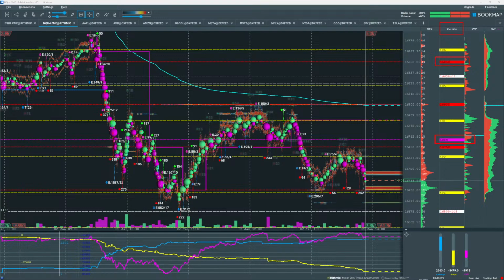So I've got levels from several different sources in one set of cloud notes. So here's that QQQ 406 acting as resistance, 402, also the 16,700 NQ acting as support.